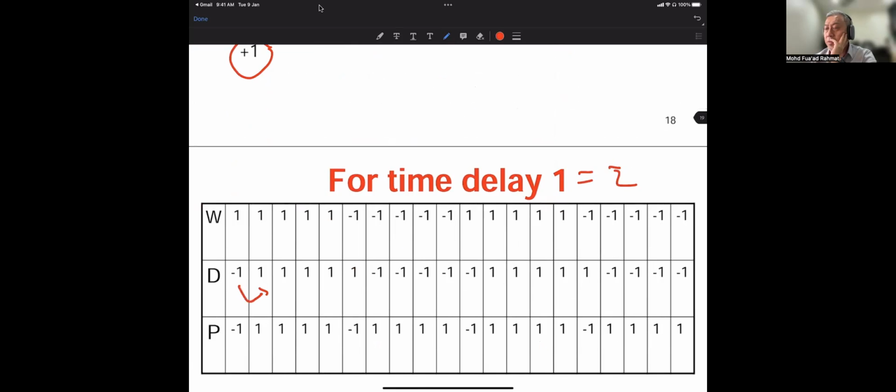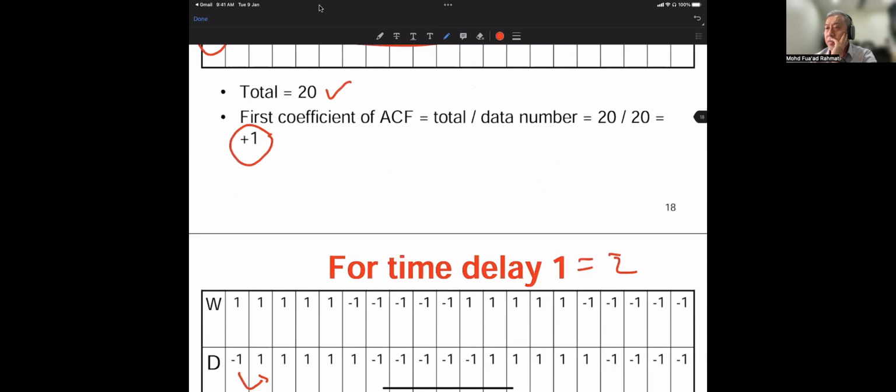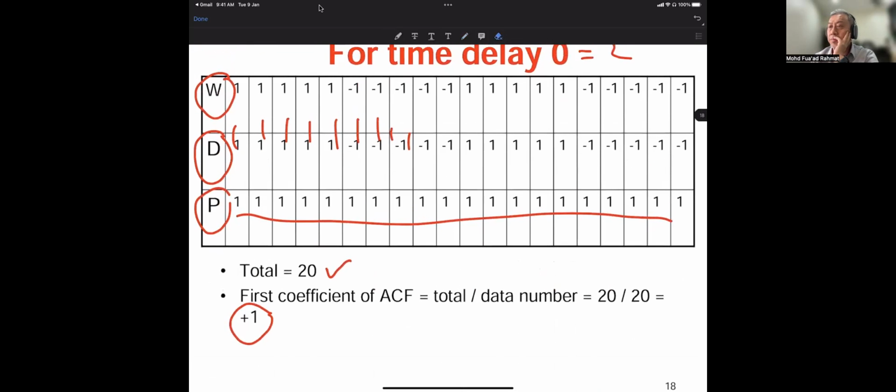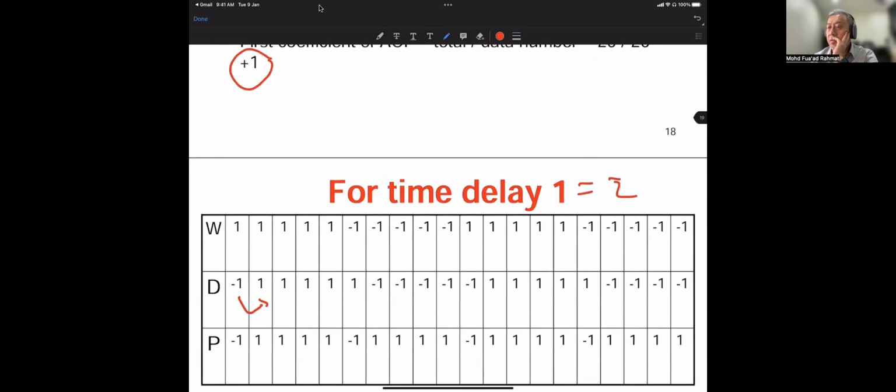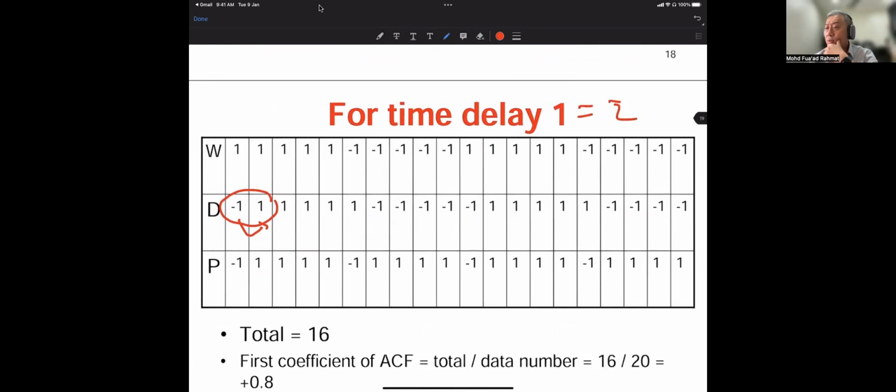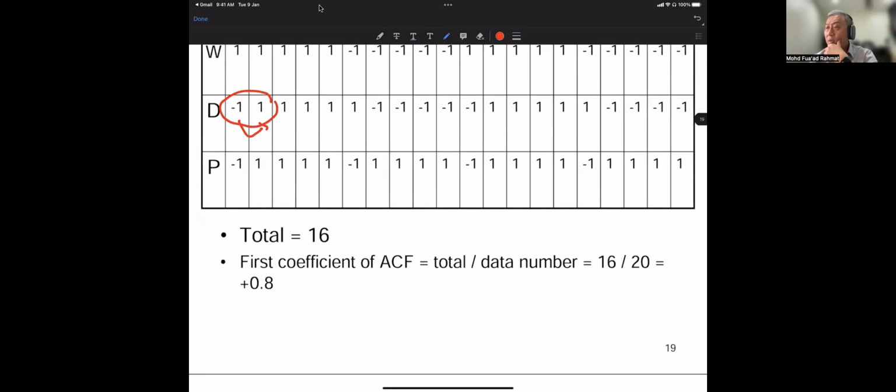Previously it was this one, and after tau equal to 1, it has been shifted to the right, and the minus 1 is replaced because this is a periodic signal. Then we continue the multiplications, and this is the product. Average 16 divided by 20, the second value of the ACF.